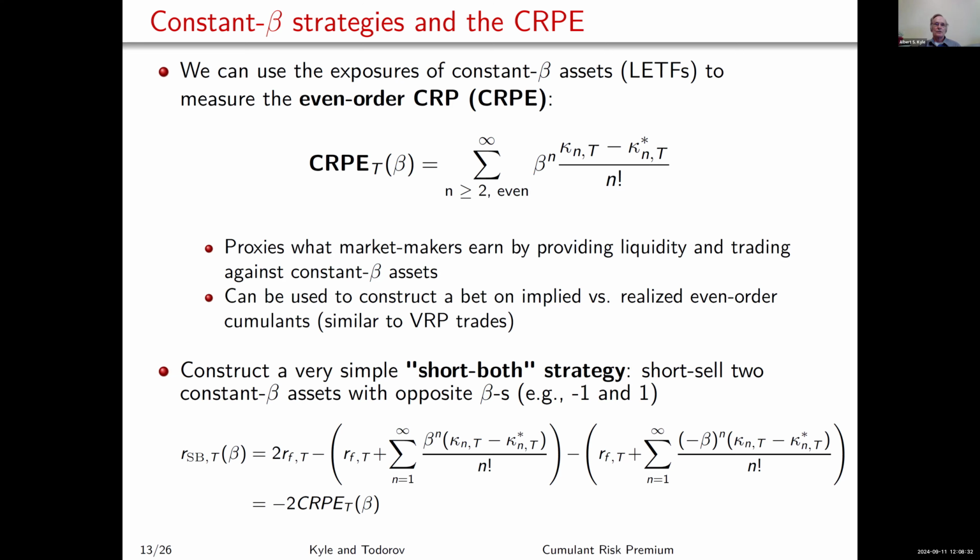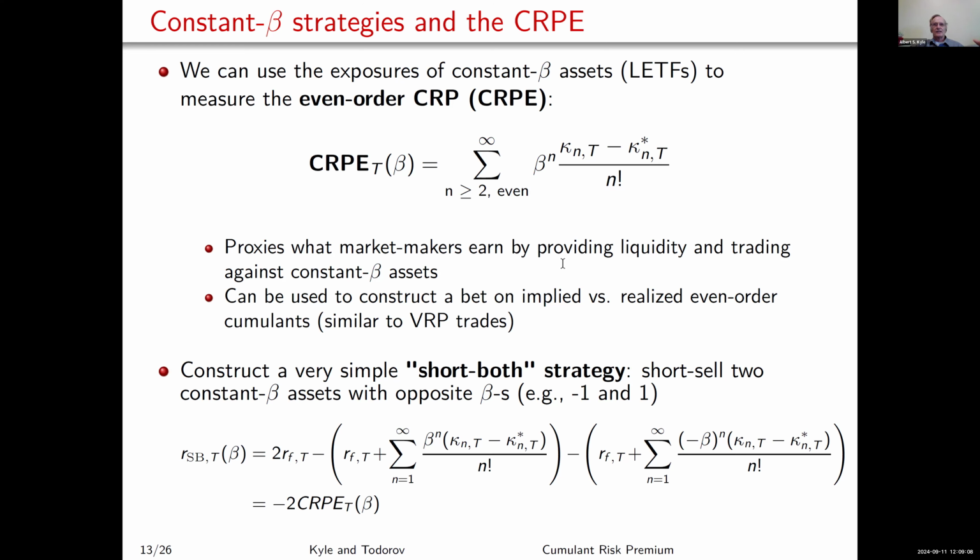If you engage in what you can think of as a market making strategy of selling when the price goes up and buying when the price goes down, by essentially providing liquidity to other traders, this even order cumulant is kind of a proxy for what a market maker would earn if they shorted a levered long ETF, and they also shorted a levered short ETF that maybe had the same beta, so the beta risks cancel out.